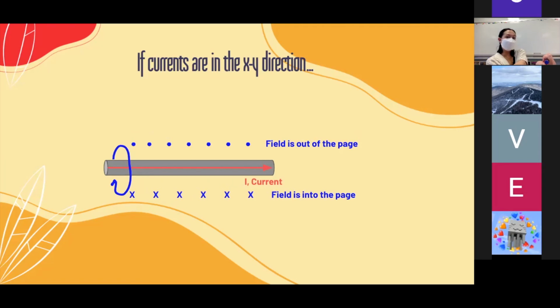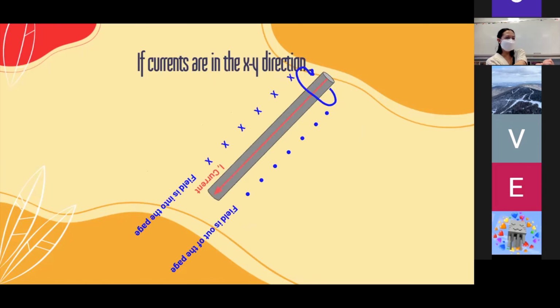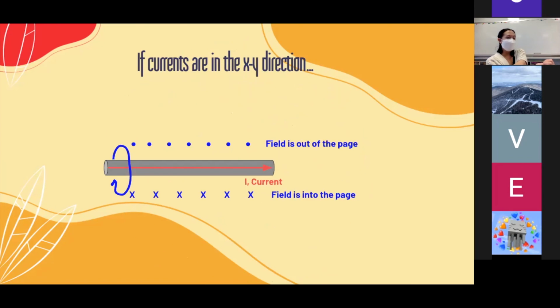So if I look at like problem 17, I would just rotate my hand 90 degrees or 180 or 270, and it would still give the same orientation. So you could take this picture, rotate it to match the one in the homework, and figure out where the into and out of the page fields are.